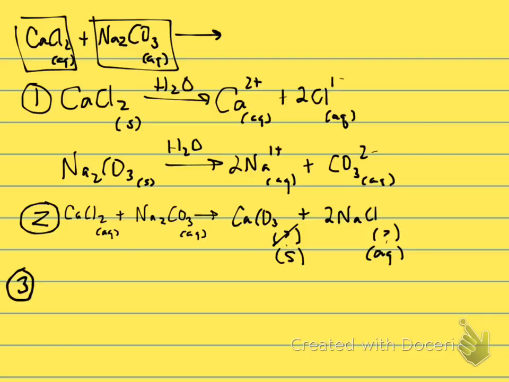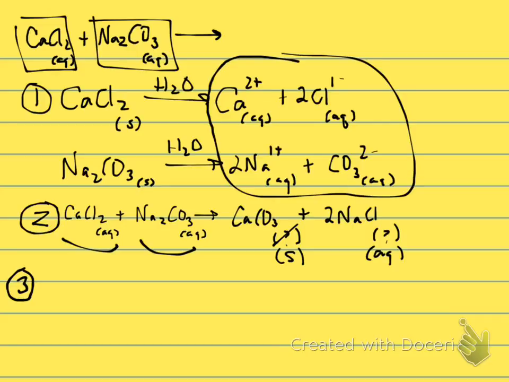So our third step is to write the truth. The truth! Because what's really happening here, are we really mixing calcium chloride and sodium carbonate? No. We're mixing a bunch of ions. That's what we're doing. So what we're going to do is take these two equations and write that as our reactants, because that's actually what we're mixing together, a soup of ions.